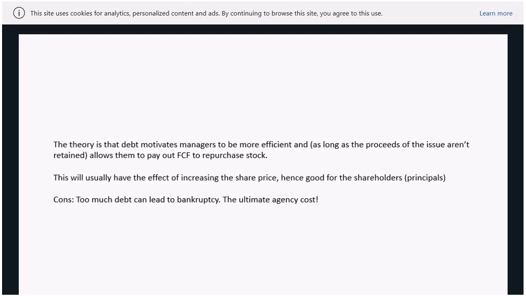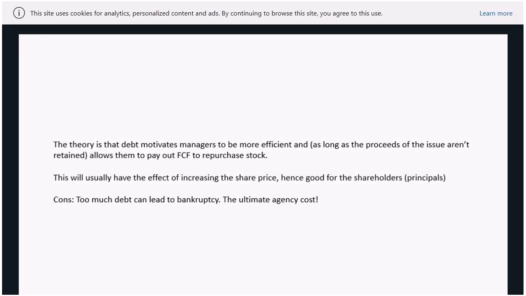The same way as if you went out with five squillion quid and bought some GSK, everybody else would think that's worth buying and would buy it as well. So that drives up the share price. So that's good for the principals, in other words, the shareholders. So from their point of view, it reduces the agency cost.